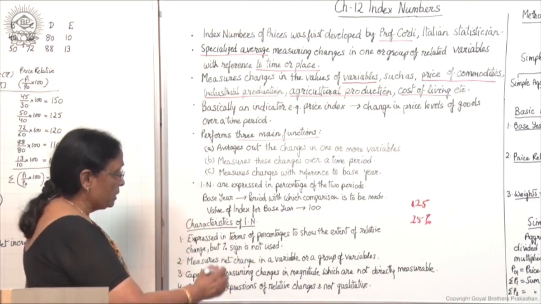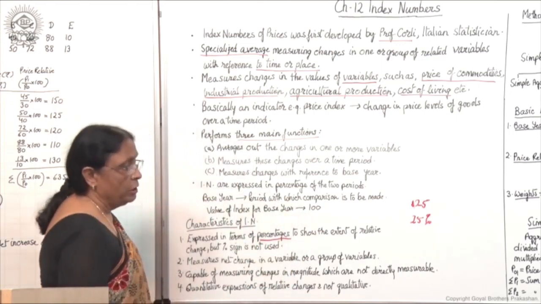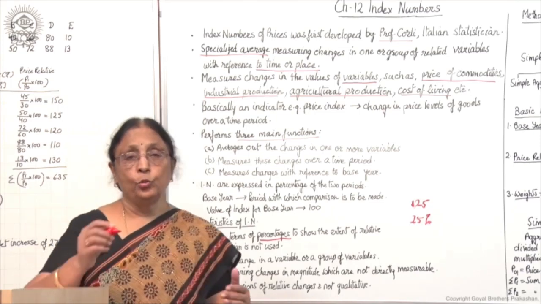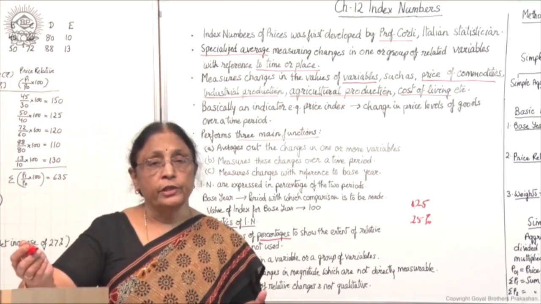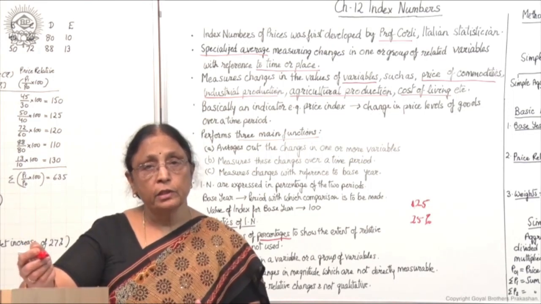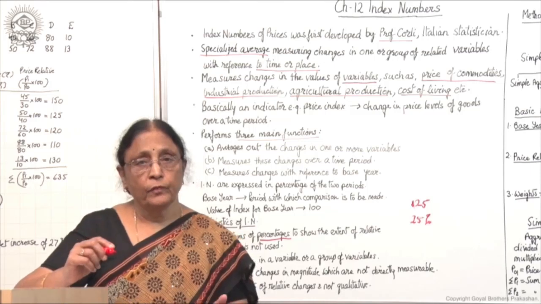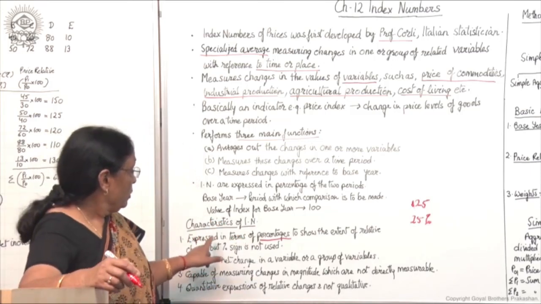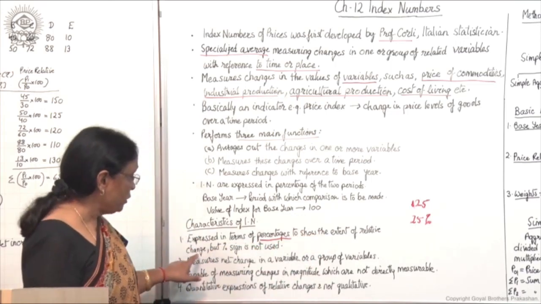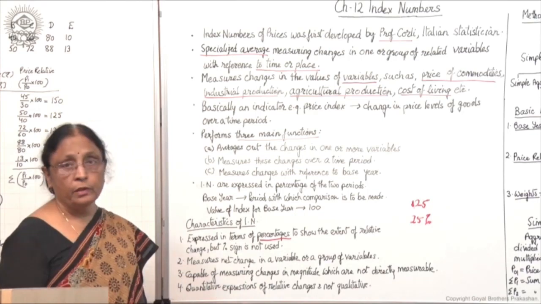So, index numbers are expressed in terms of percentages to show the extent of relative change, to what extent the relative change has taken place. Why do we use the term relative change? That means change in relation to the base year.